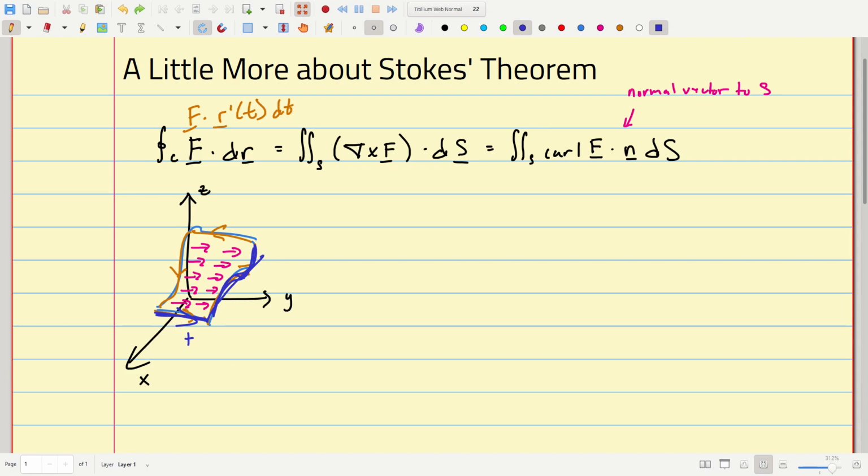I get a vector from the vector field that looks like this, and a vector from my path that looks like this, and they're at right angles to one another. What's the dot product in that case? 0, right? So over here, there is a 0 contribution to my overall integral.